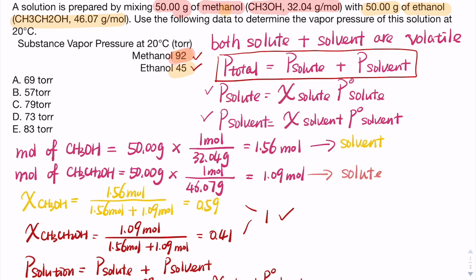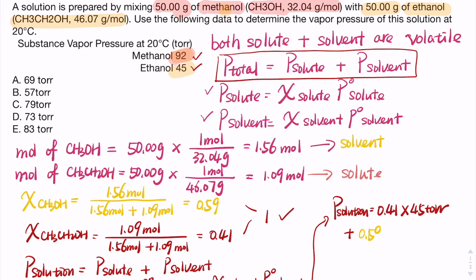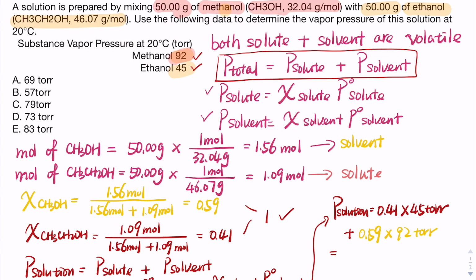Now I'm just going to plug in the numbers. So the total pressure of the solution equals 0.41 times 45 torr plus 0.59 times 92 torr.